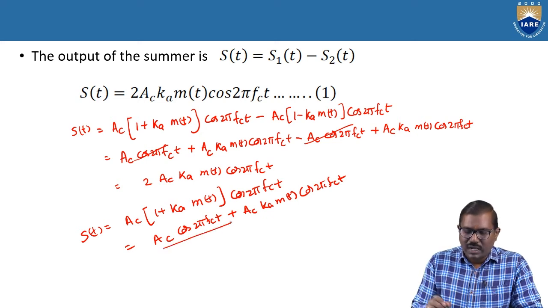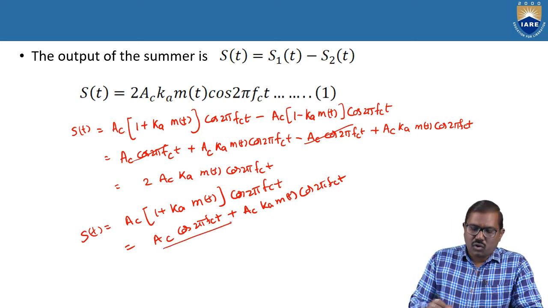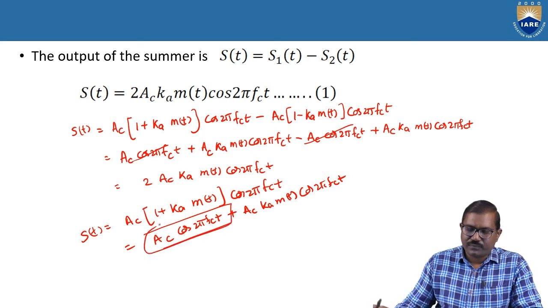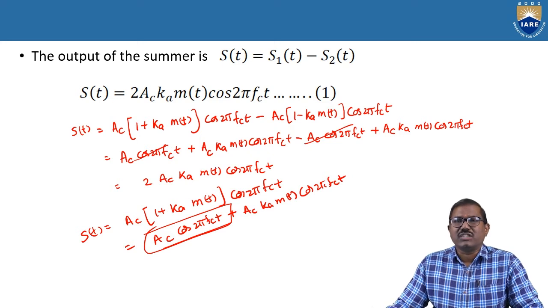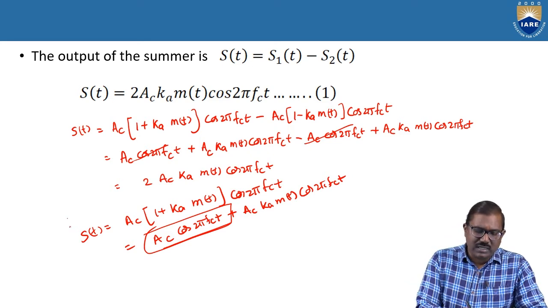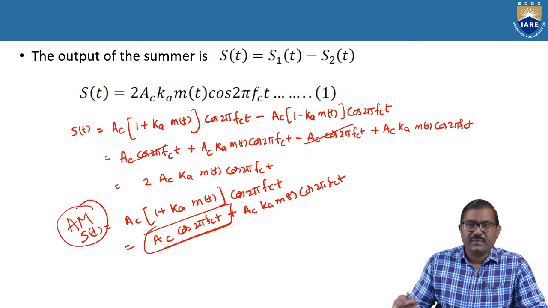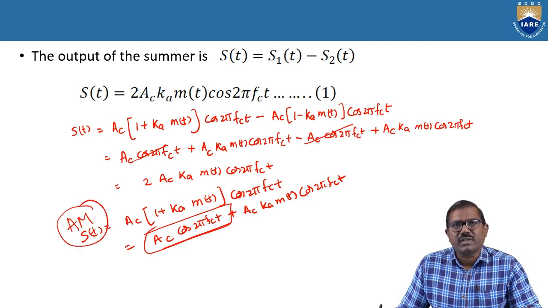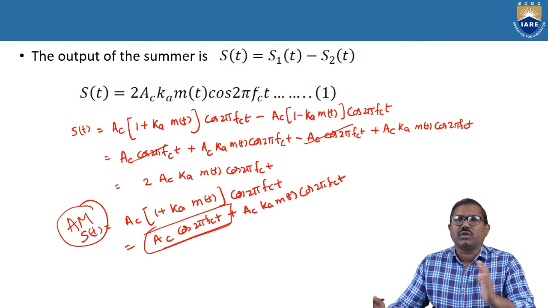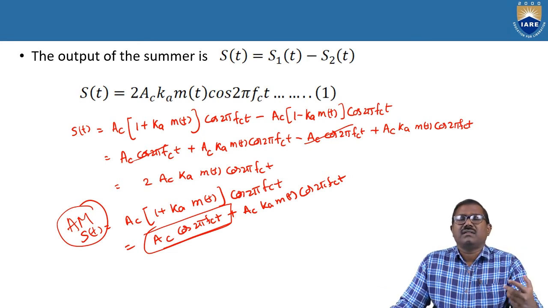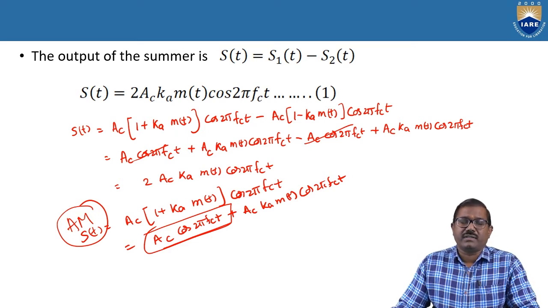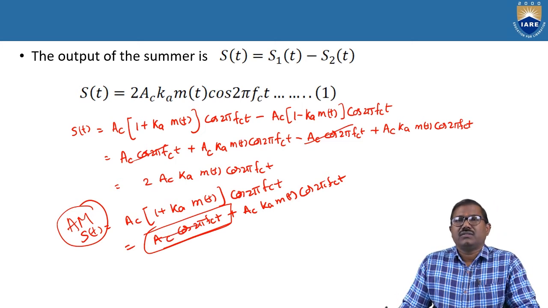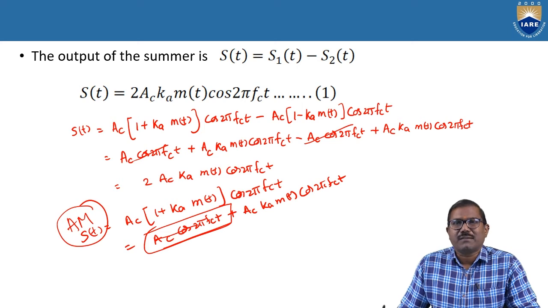Here Ac cos 2 pi fct is the carrier signal, and this is what gets suppressed. Actually this is the standard AM, in which we send the carrier as usual. This carrier wastes our transmission power and uses bandwidth, so that's why we suppress it. That's why the name double sideband suppressed carrier.